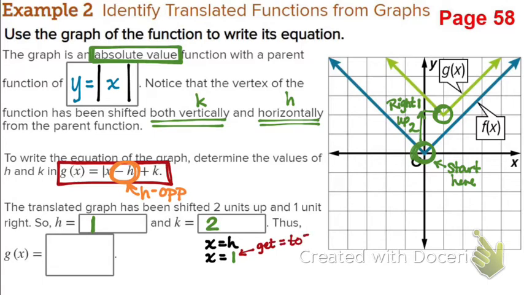To put it back in my equation, it has to be equal to 0. So what would I do to cancel out a 1? Subtract it from both sides. And so then I have x minus 1 equals 0. This goes in my equation.